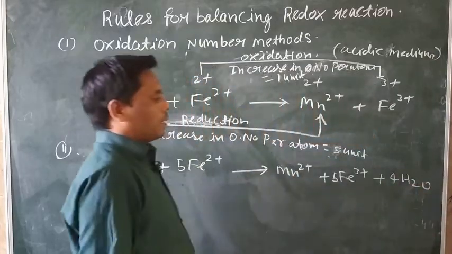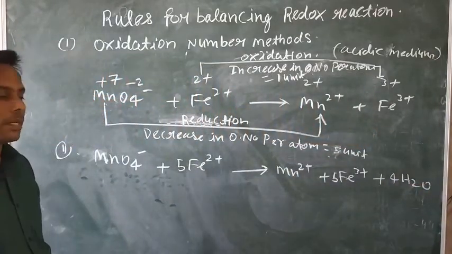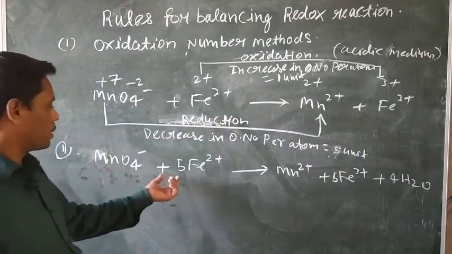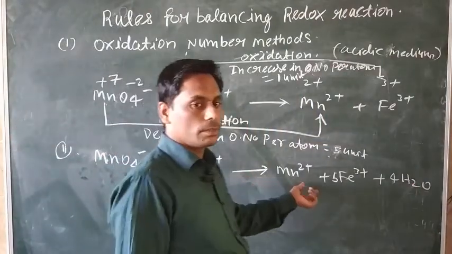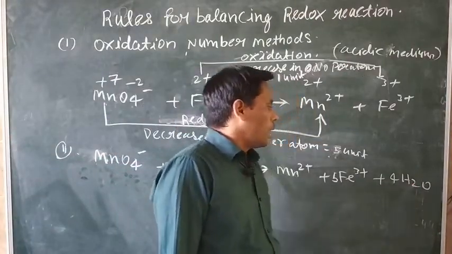After balancing the oxygen, we need to balance hydrogen. Here we see that the left side has no hydrogen, but the right side has 8 hydrogens.